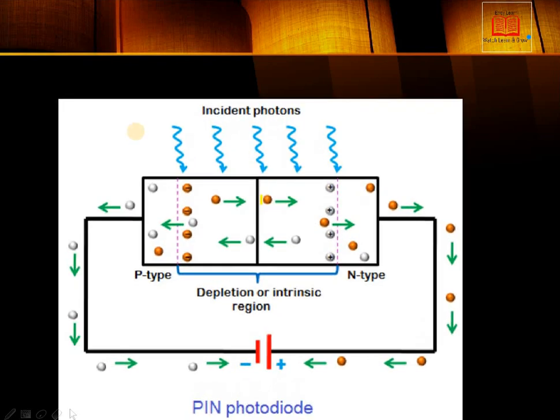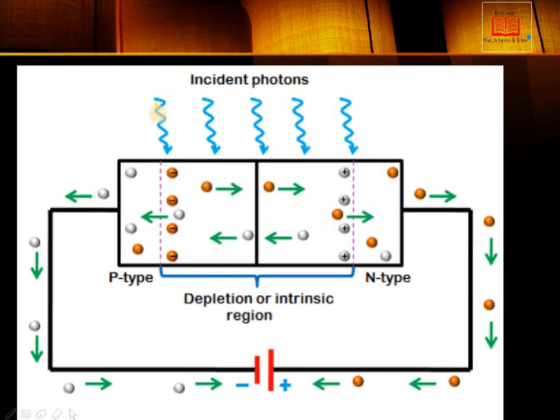If I zoom in, this is the normal diode, and this is the depletion region. This is the boundary of the depletion region, or intrinsic region. Here you can see the negative electrons in this orange shade, and these are the positive holes.